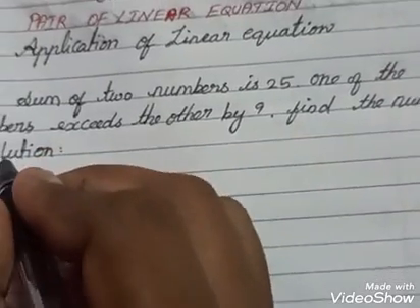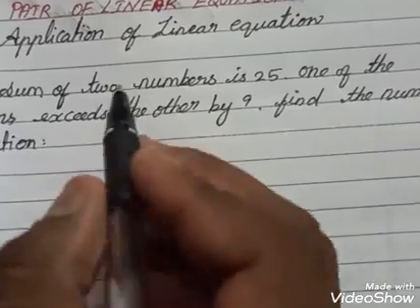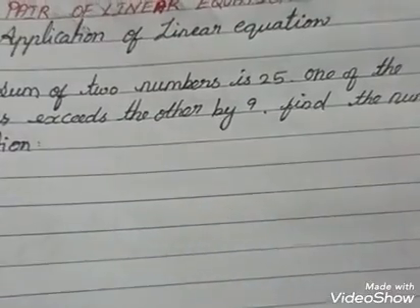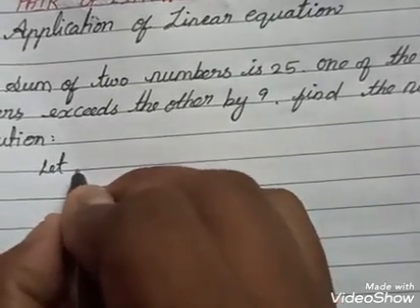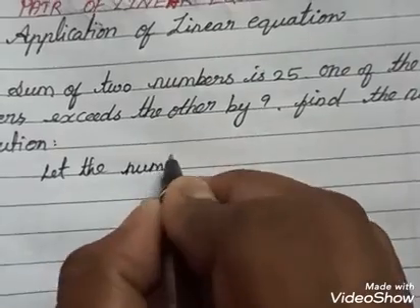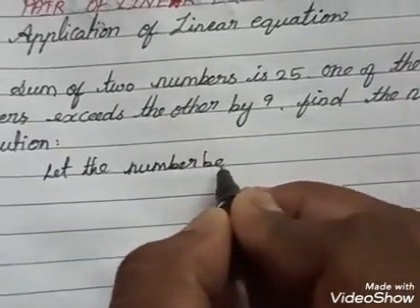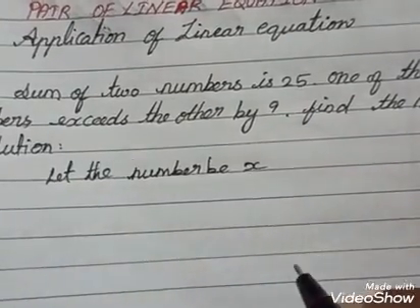first they given sum of two numbers is 25 and one of the numbers exceeds the other. For example, let one of the numbers be x.